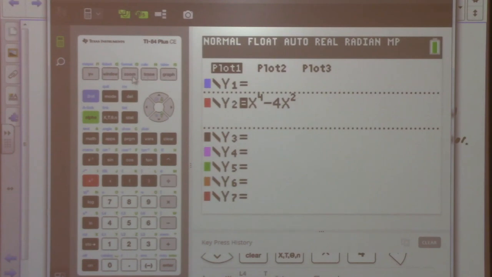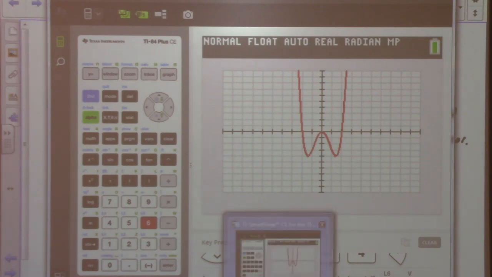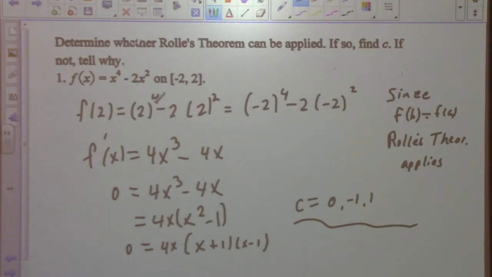So we graph this thing here, zoom 6. Well, there's something wrong here. Yeah, there's something messed up. Minus 2x squared.